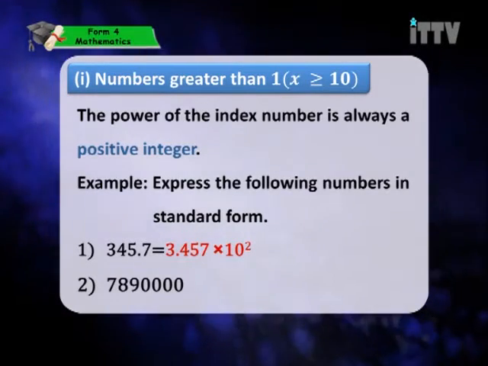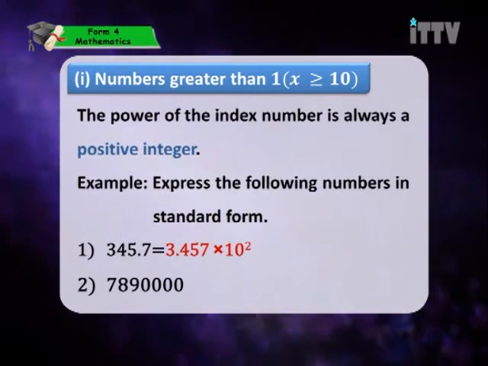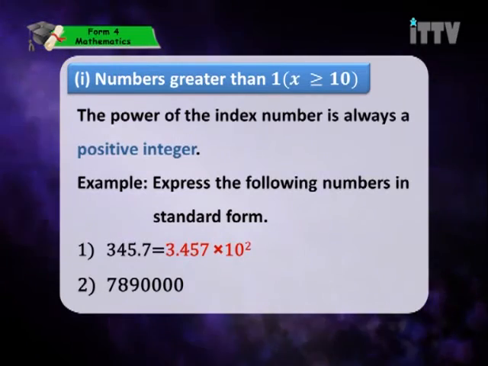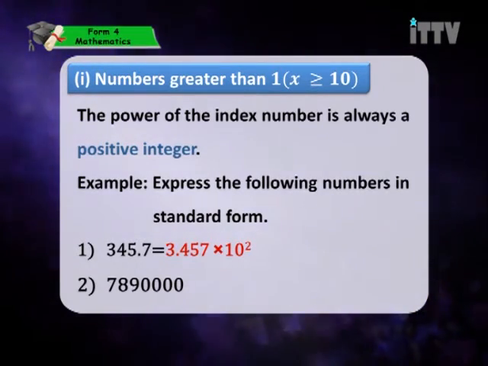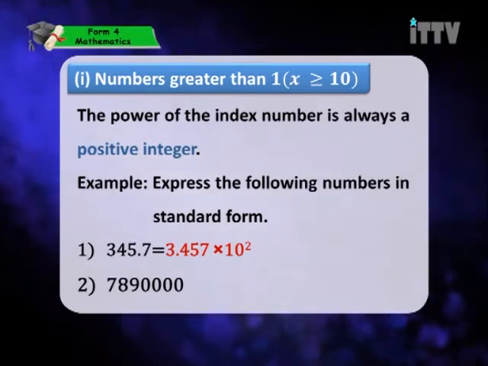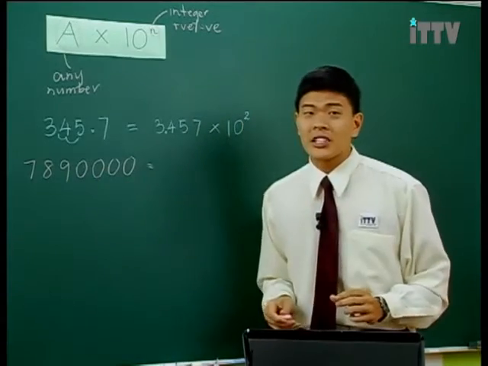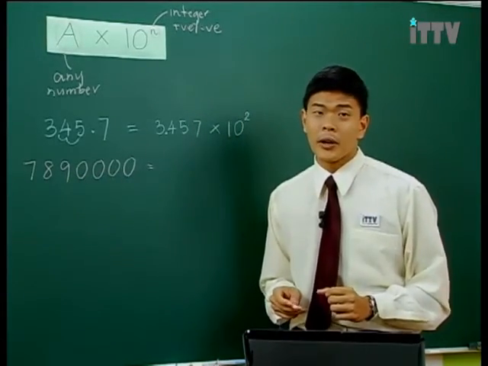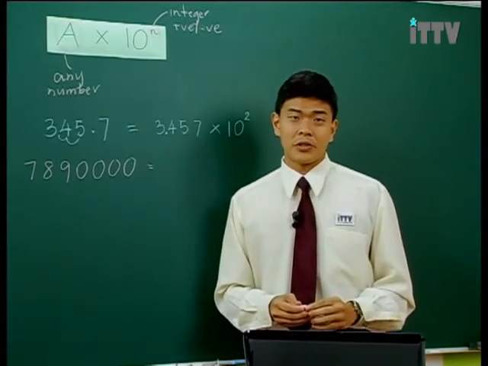Alright, now let's look at our second example. How do we write 7890,000 in standard form? And as you can notice, this is quite a large number, because of the number of zeros that are behind the number. So in order to write it in a standard form, remember the 5 steps.